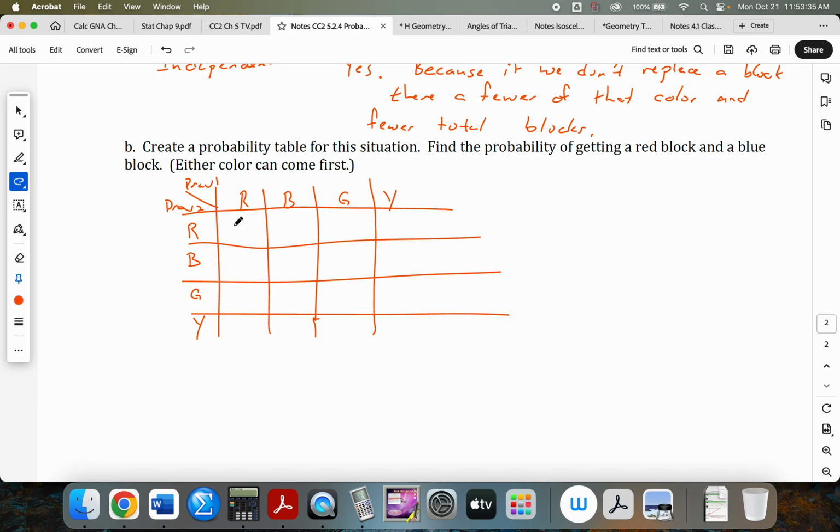Now here there's not a winner and a loser like there was in the rock, paper, scissors game. You just have different outcomes. So here, I'm always going to put draw one first, because sometimes it makes a difference. On this one it's not, because it says find the probability of getting a red block and a blue block. Either color can come first. So this is red, red. This is blue, red, green, red, yellow, red.